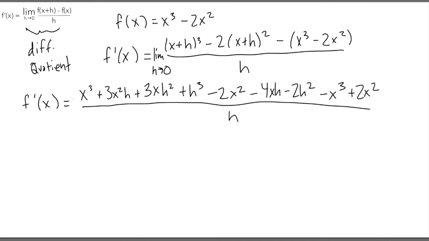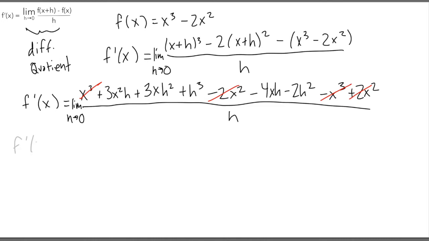And we can't forget to take the limit as h approaches 0, because this actually isn't defined when h is 0. You'll notice here that we can cancel some terms. This 2x squared cancels with this minus 2x squared, and this negative x cubed cancels with this positive x cubed at the front. At this point, we can rewrite the expression to take out an h.